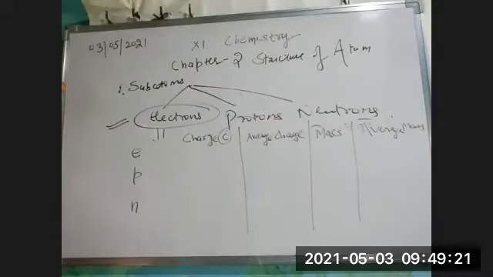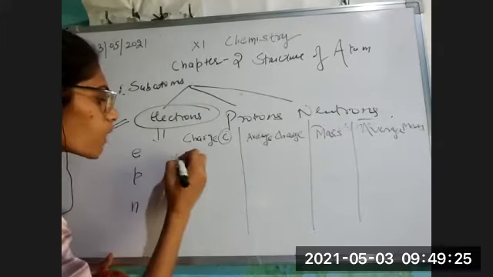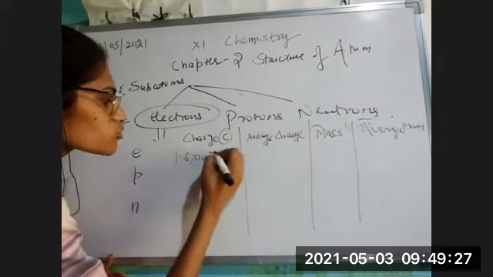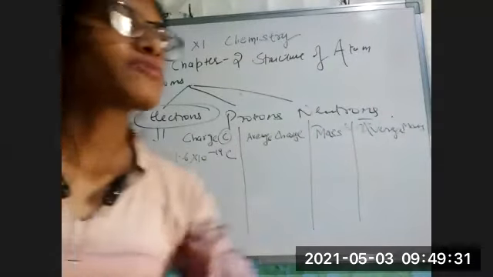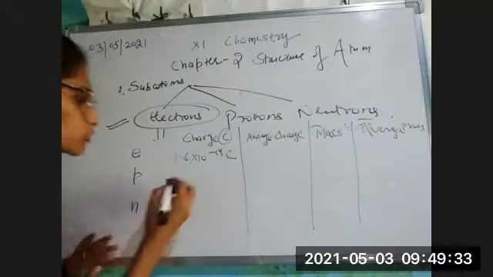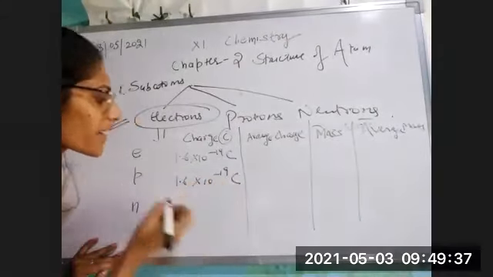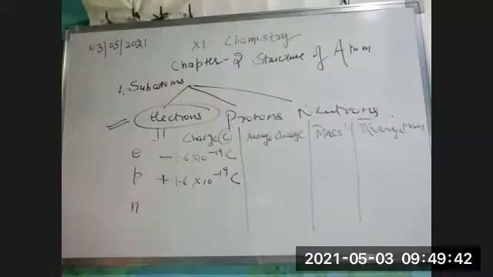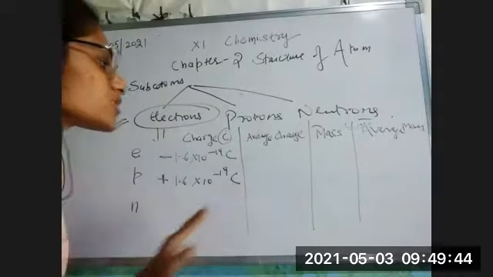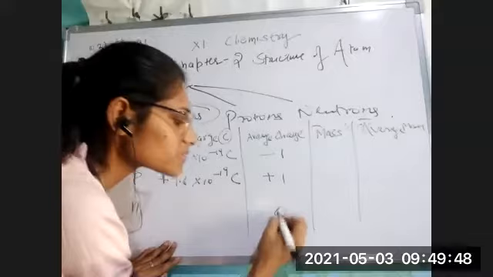Basically the electron was considered to have a charge of 1.6 into 10 raised to power minus 19 Coulomb. This was exactly the charge found on the proton too. The only point is this is negative, this is positive. And if I'm talking about the average charge, this is -1, this is +1, and this is 0.